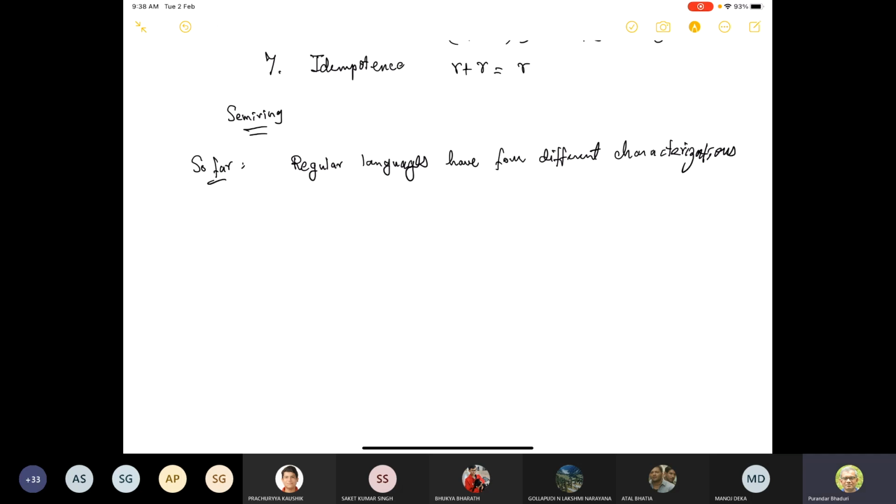What are those four? Well, DFA, NFA, epsilon NFA, and regular expression.